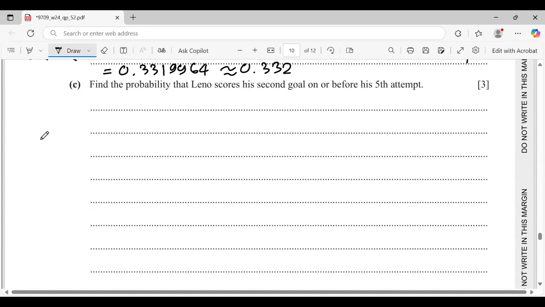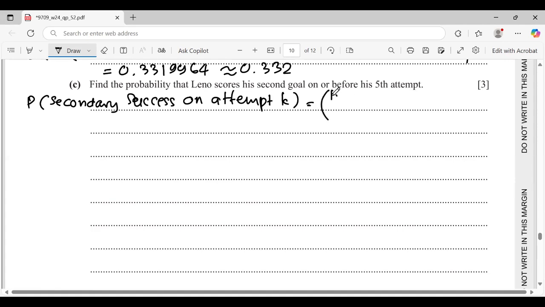The formula for the negative binomial distribution we can write as the probability of the second success on attempt K. The formula is the combination K minus 1 choose 1 times P squared, 1 minus P to the power K minus 2.